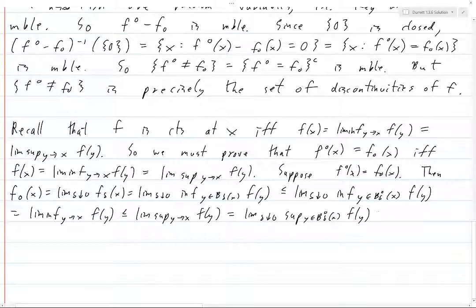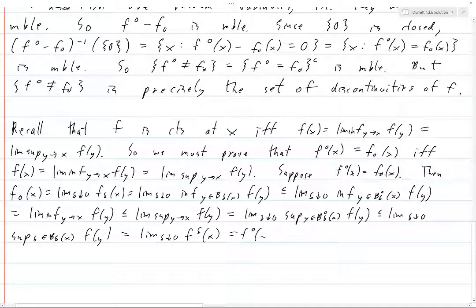And so when we're increasing the size of the set over which we're taking the supremum, this is only possibly getting bigger, and so this is less than or equal to the limit as delta decreases to 0 of the supremum over all y in the ball of radius delta centered at x of f of y, not punctured this time. And this is precisely the limit as delta decreases to 0 of f upper delta of x, which is f upper 0 of x.